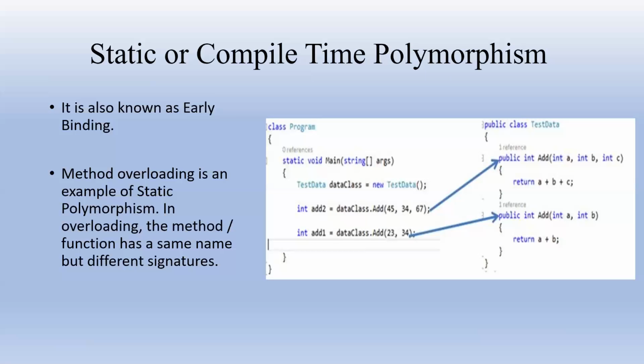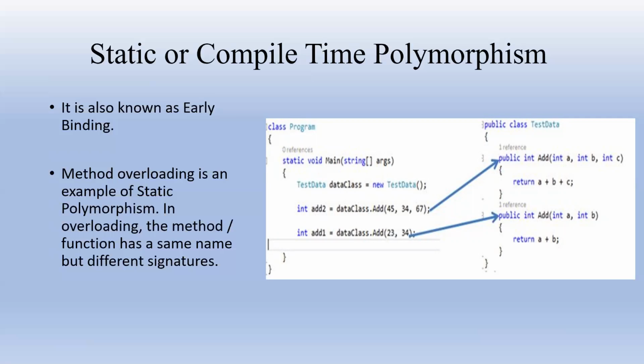Inside class test data, we have two methods with the same name add, but their signature is different. In the first add method, we have three parameters of integer type, whereas in the second add method, we have two parameters of integer type. So there is a difference in the signature of the method.